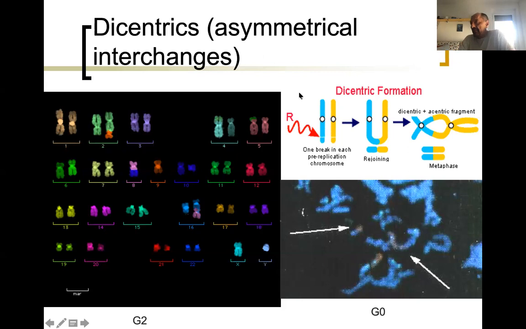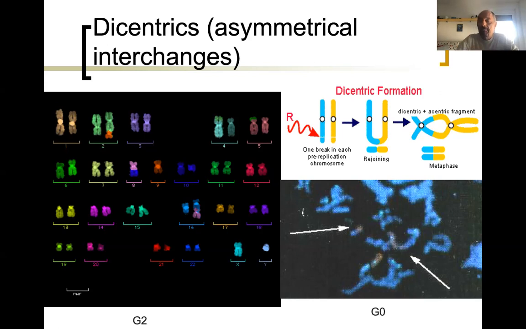What is really called the classical theory of radiation action was developed by Douglas Lea in 1946. The idea is that radiation breaks the chromosomes. Now we can translate it in a more modern wording. We say radiation-induced DNA double-strand breaks. And during the repair of these double-strand breaks, maybe because of alternative non-homologous end joining, you can make mistakes.